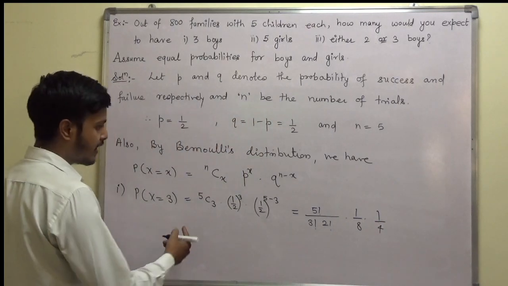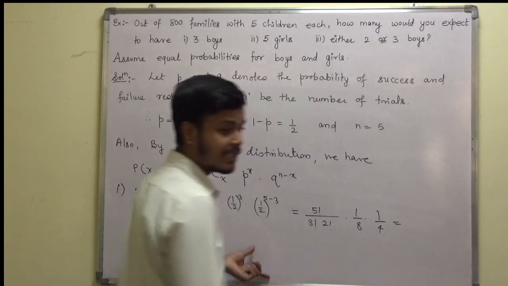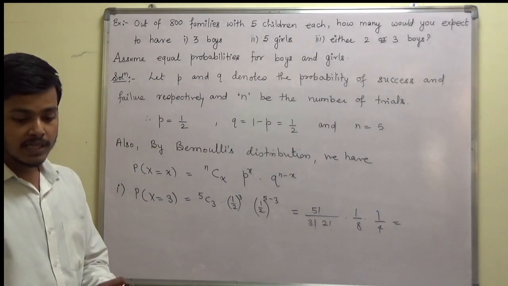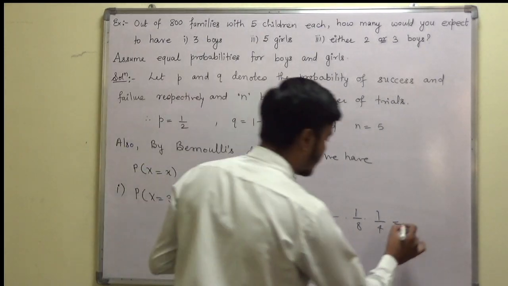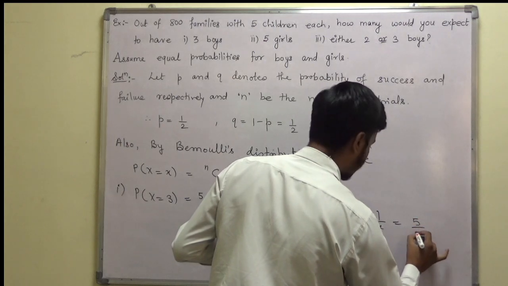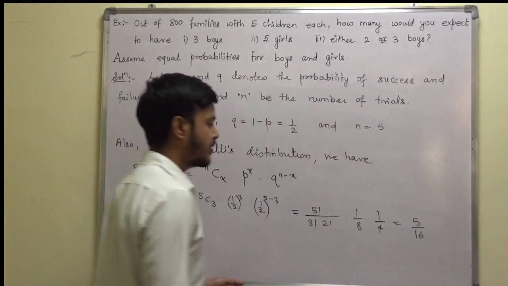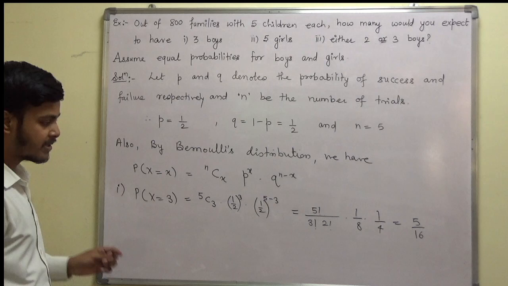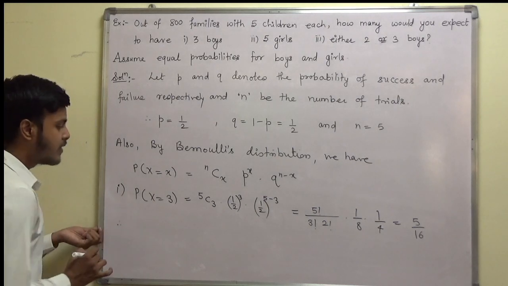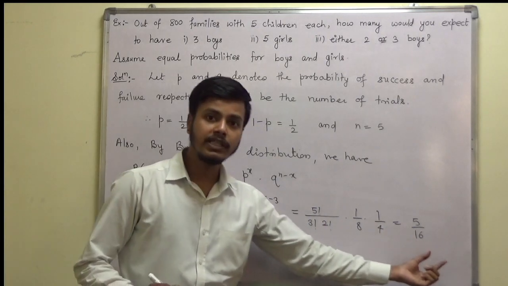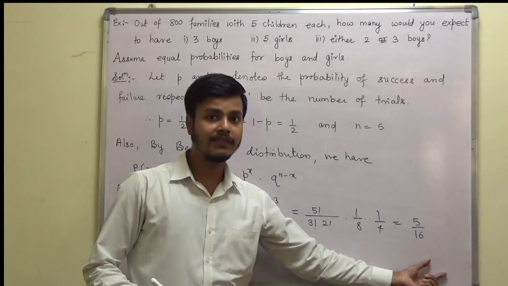When you solve this, the value comes out to be 5 by 16. You do the calculations, very simple calculations. So this is the probability of a family having 3 boys.